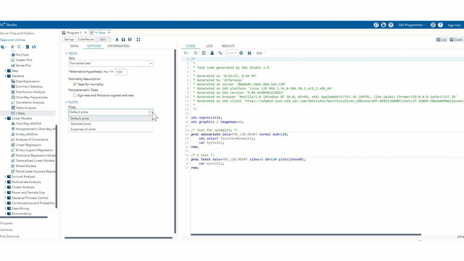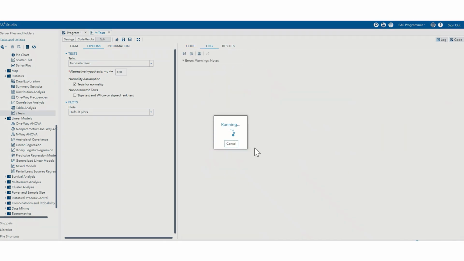The rest of the options we are going to keep as default. In fact, what we are trying to see is whether the mean systolic blood pressure of all the individuals in the Birmingham Heart Study data is equal to 120 or not. So our alternative hypothesis here is that it is not equal to 120, and that's all. Let's run this test.